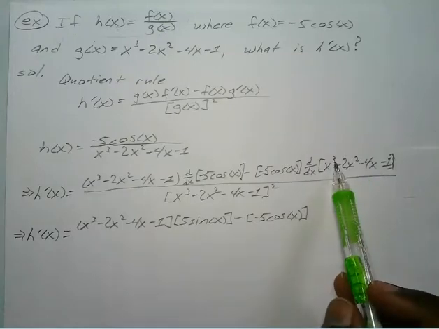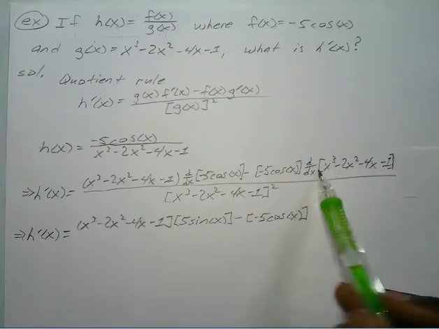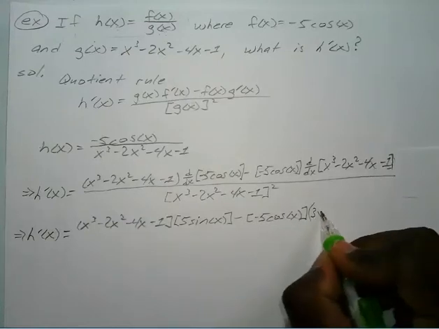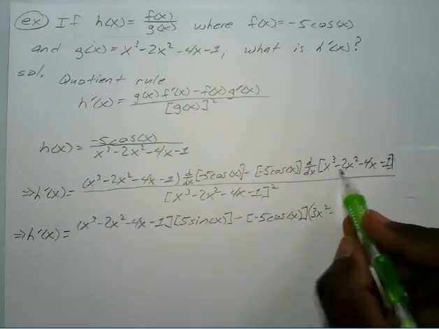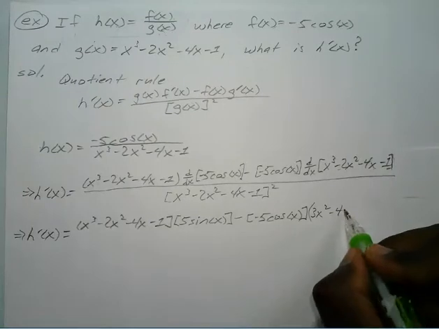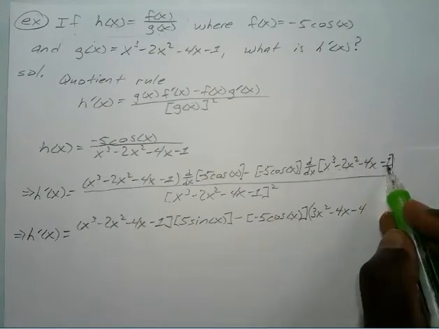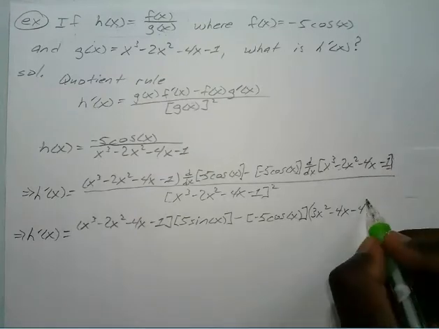Okay, so for our x to the third power, we'll bring down the 3, so that's 3x squared minus, bring down that 2, so that's minus 4x. That ends up being minus 4, and the derivative of a constant negative 1 is 0.